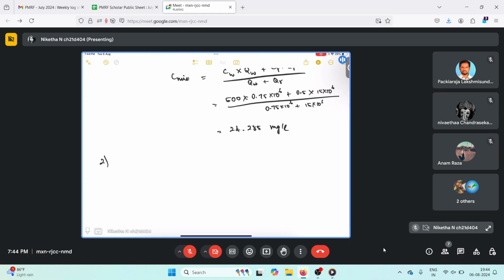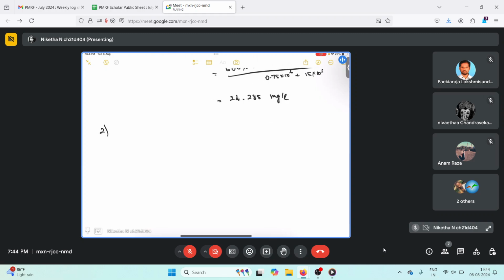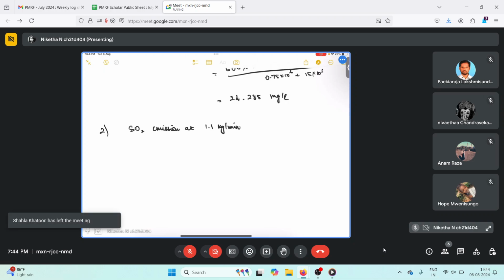Okay. Next question. A coal-based thermal power plant is emitting sulfur dioxide at 1.1 kg per minute at a stack height of 60 meters.